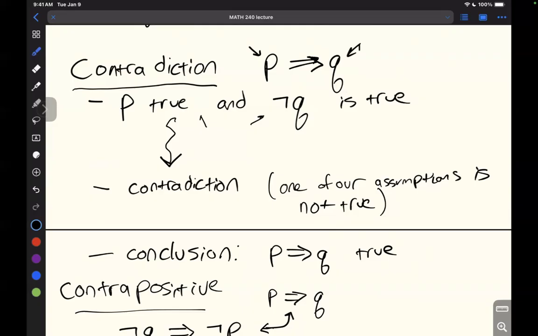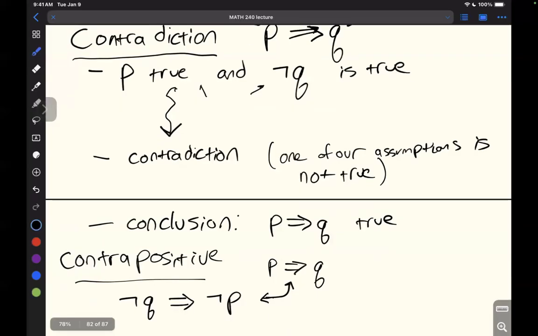So basically saying, this can't happen. You'll see a lot in contradiction proofs the phrase "suppose not." You've made this statement and I'm going to suppose that it's not true, and then reason my way to what we call a contradiction, which says that something I supposed in the beginning must have been false.